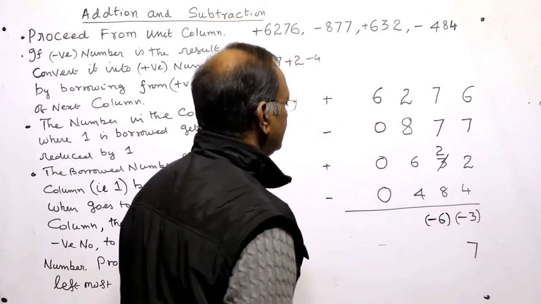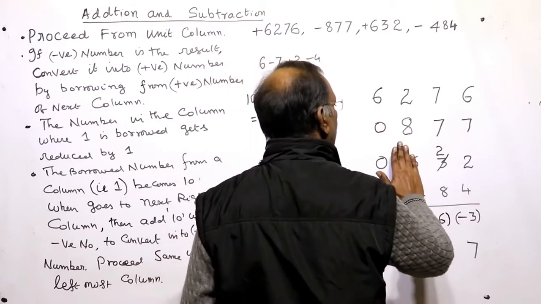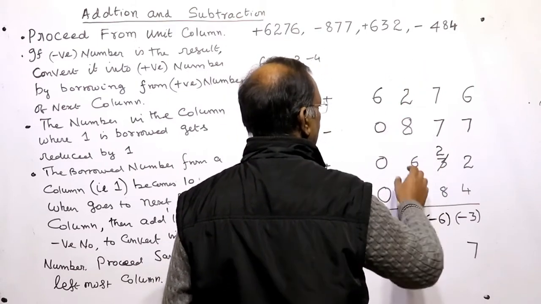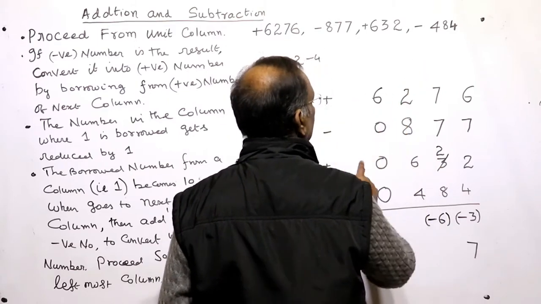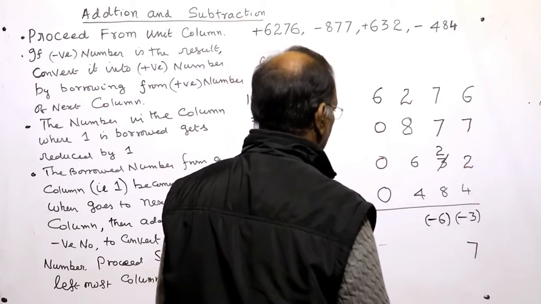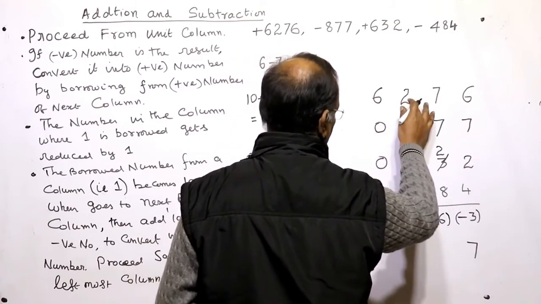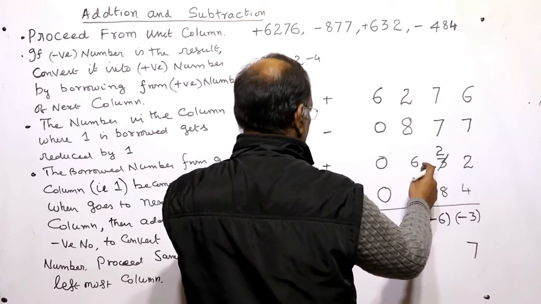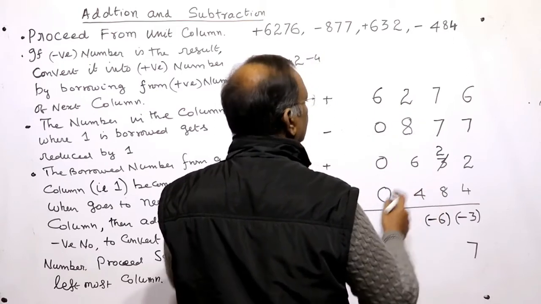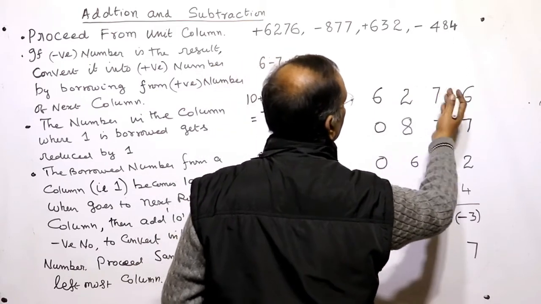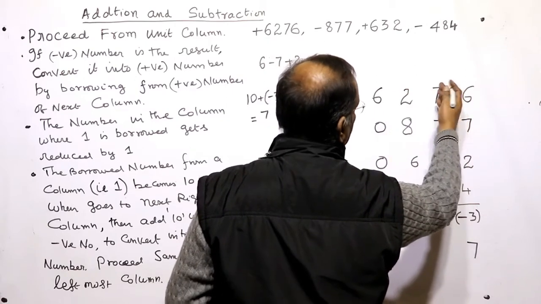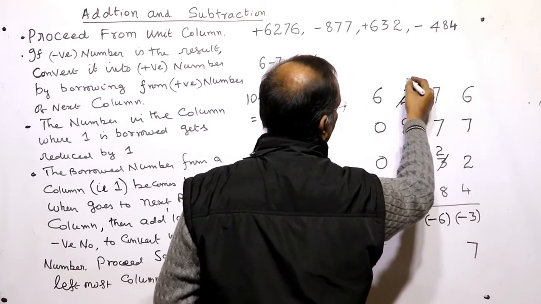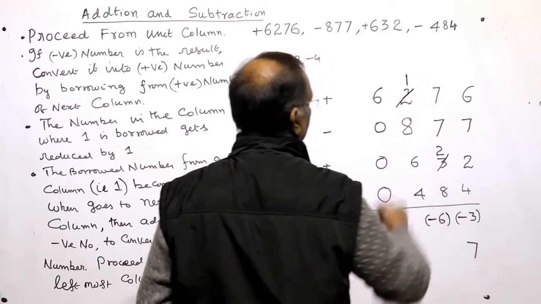So minus 6. Again, the same way, we are going to borrow from the next column, the hundreds column, from a positive number, one number. When we borrow, we can borrow from here also. This is also positive, this is also positive. Never borrow from the negative number. So we borrow 1, this becomes 1.